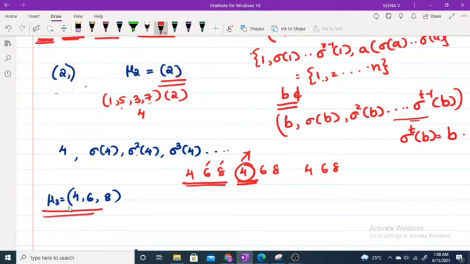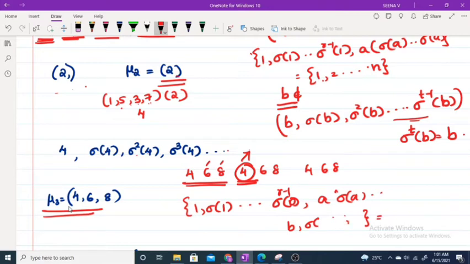Then if this set 1, sigma 1, etc., sigma raised to r minus 1 of 1, with A, sigma A like this, and B, sigma B, up to sigma raised to t minus 1 of B, equals 1 to n, then we are over.